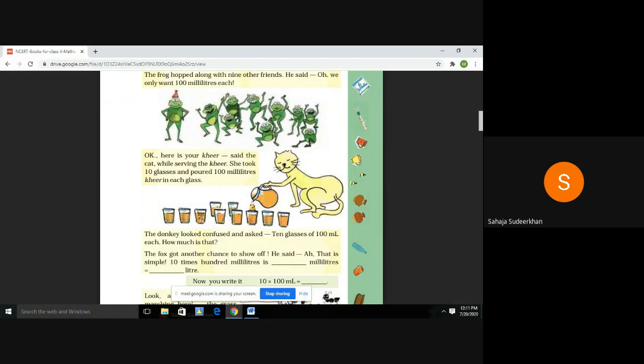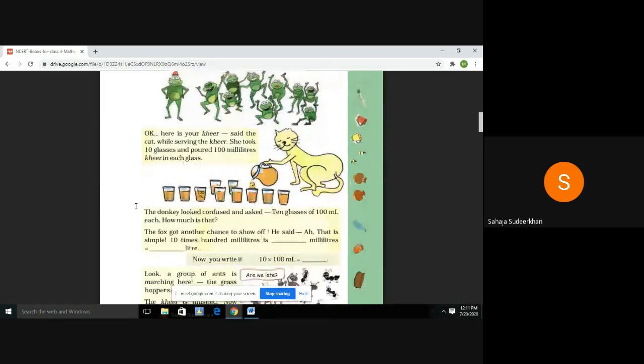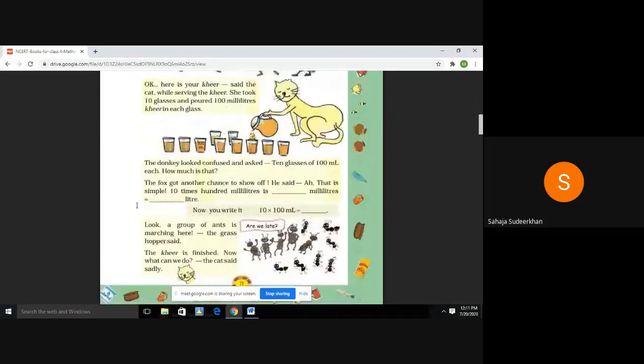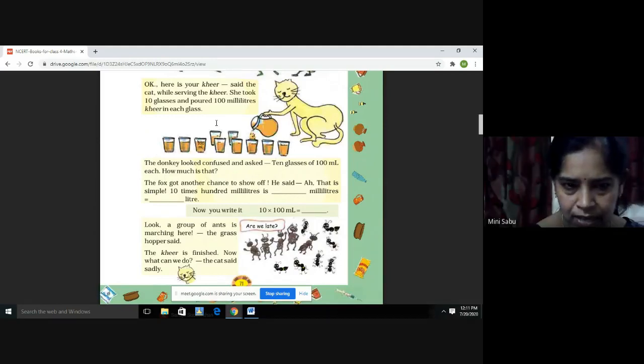Each glass capacity is 100 ml, and she poured 100 milliliters of kheer in each glass. You can count also: 100, 200, 300, 400, 500, 600, 700, 800, 900, and 1000. That means all the 10 frogs together will take 1000 milliliters.